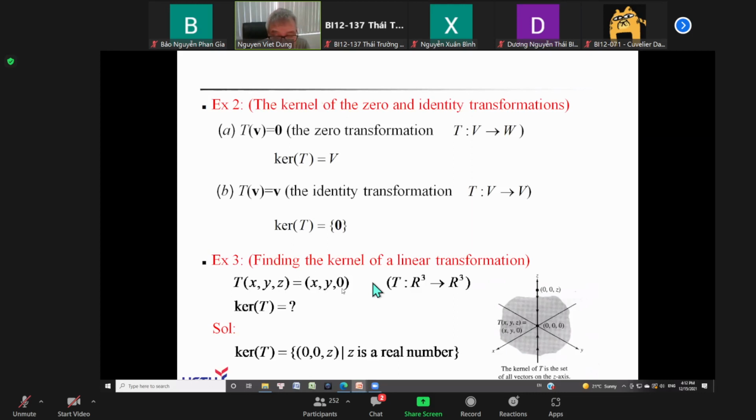Then obviously, it is very easy to see that the kernel of T will be 0, 0, Z. It means that when you have 0, 0, Z here, it is mapped to 0, 0, 0 here, and it is the 0 vector inside R3. So if you look at the picture here, what is the kernel of T? The kernel of T is exactly the vertical axis here. That is the OZ axis here. So that is another example for you.